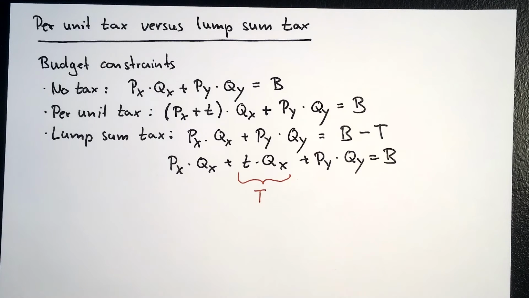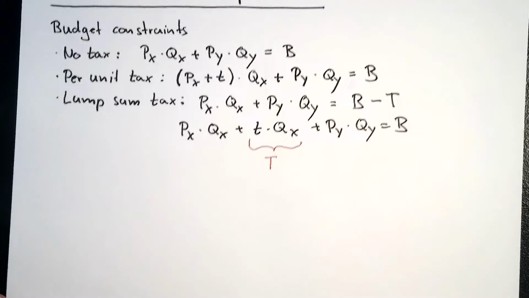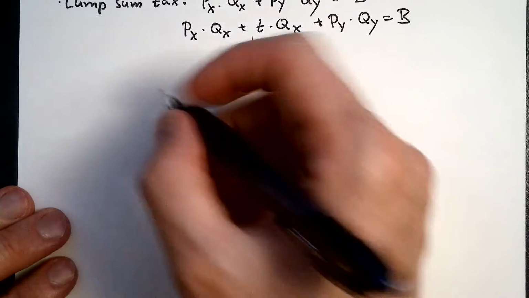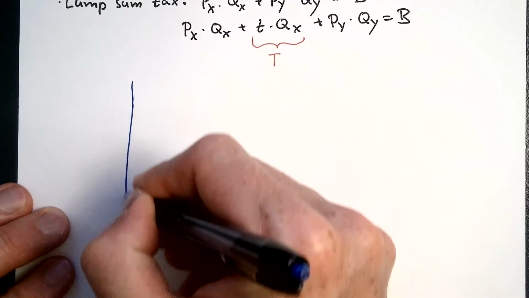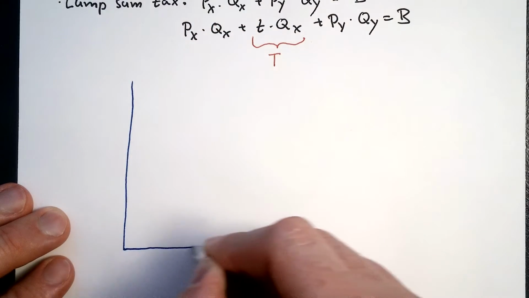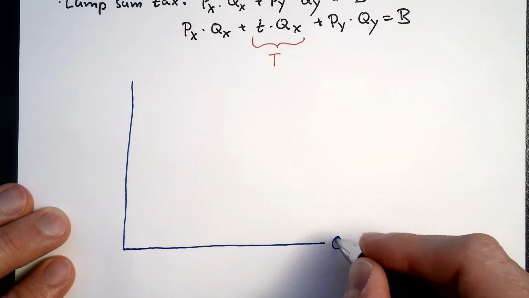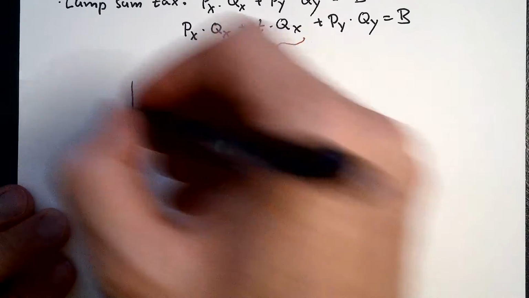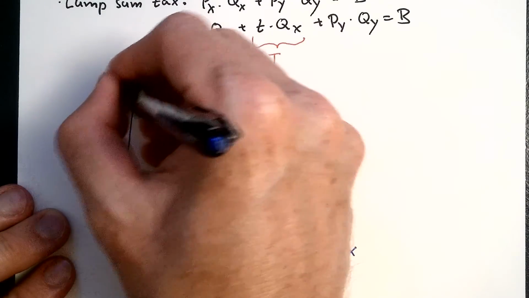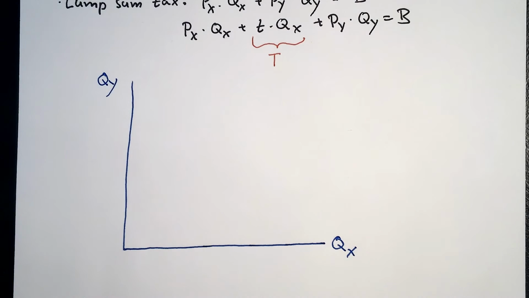So now when we represent this graphically, we have the following. Note that we have the good which is taxed on the horizontal axis, and the untaxed good on the vertical axis.